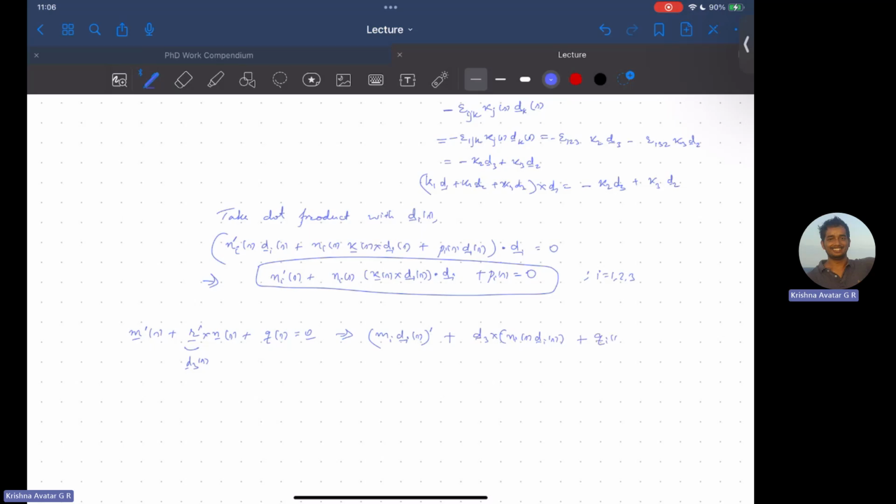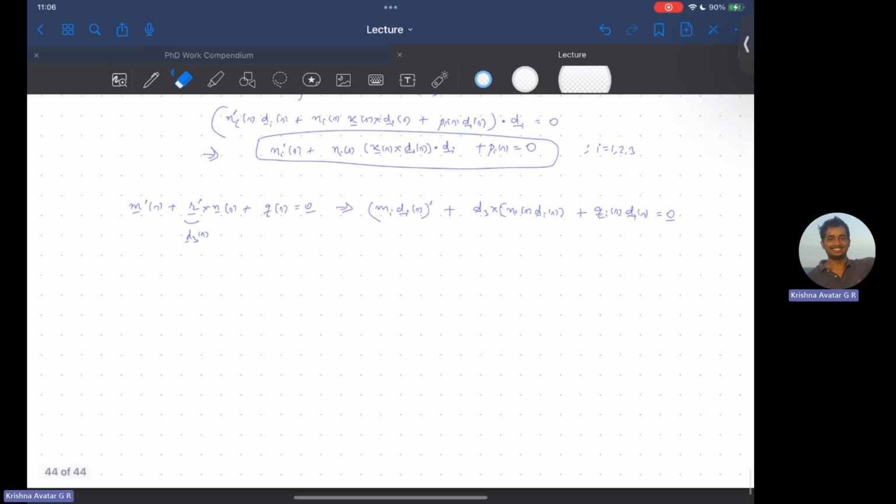In a similar format, we can represent the components for M1, M2, M3. That can be easily shown: Mi prime of s di plus Mi of s kappa vector of s cross di of s, dotted with di.